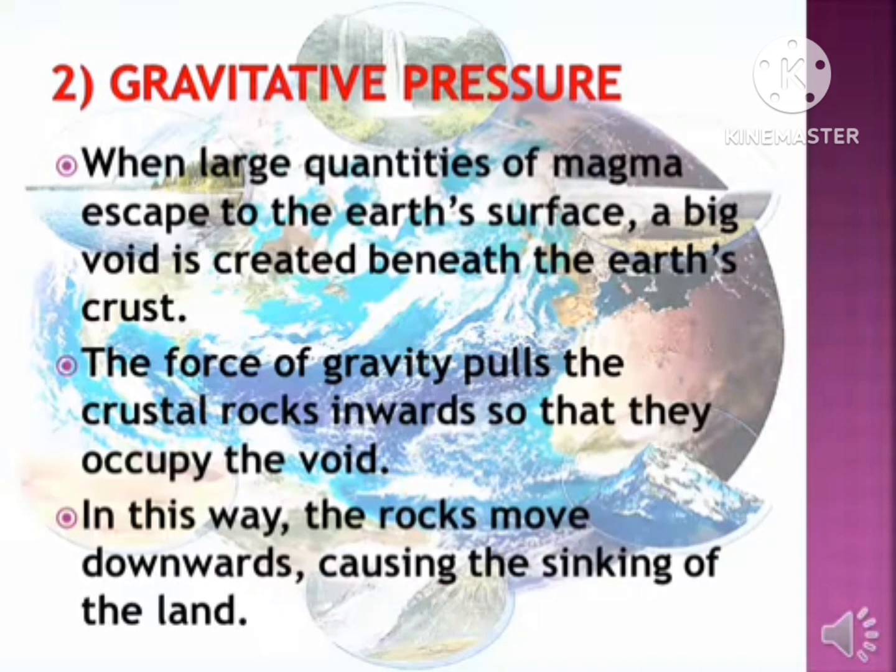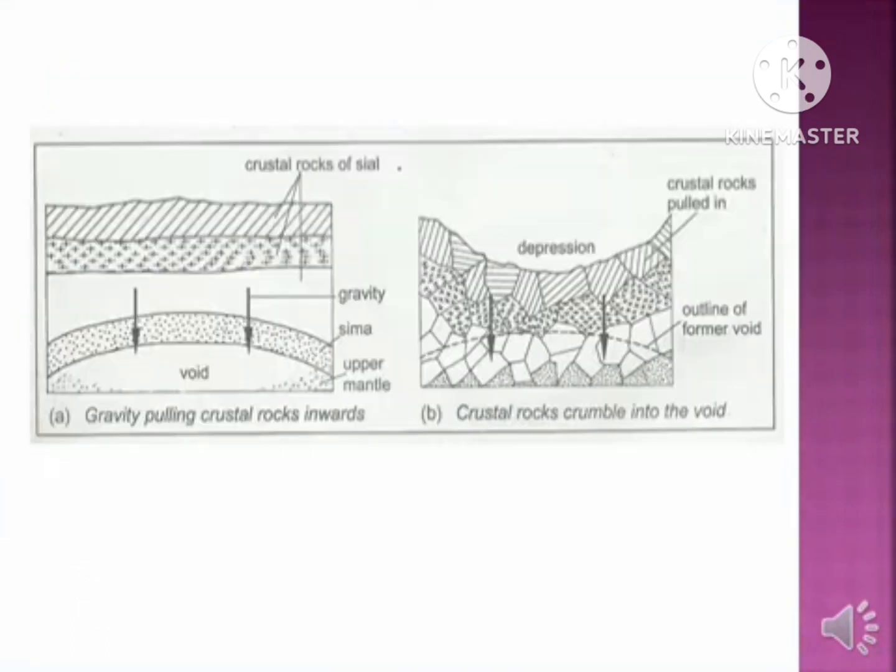The force of gravity then acts on the crust rocks, pushing them inwards, such that they occupy the void which was initially left. In this manner, the rocks move downwards, causing sinking of the land. This phenomenon of gravitative pressure can be presented using the sketch in this slide.